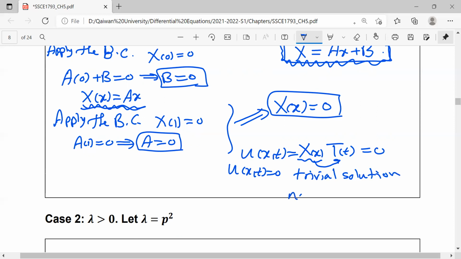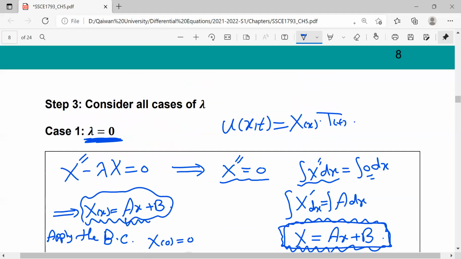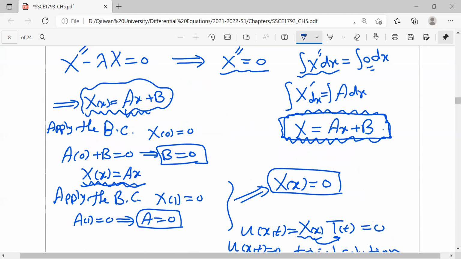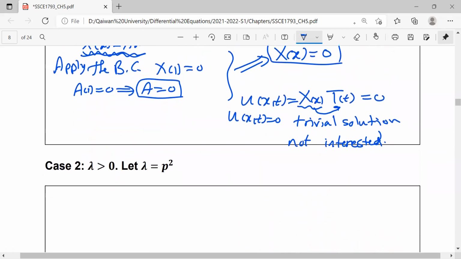So it's not interesting. We need to look for a non-trivial solution. That means u of xt must not be 0. In this case, if lambda is 0, we get that X is 0. And if X is 0, since u is X times T, u is 0 also.